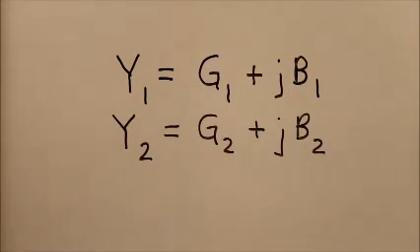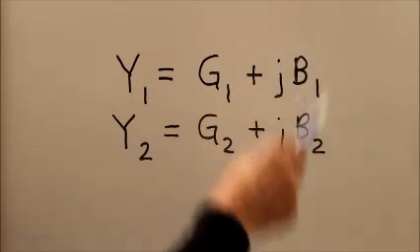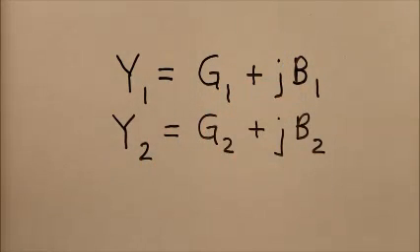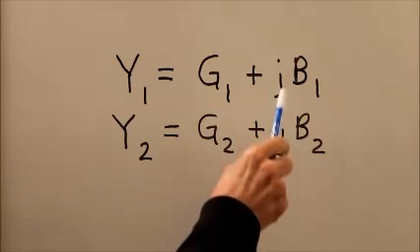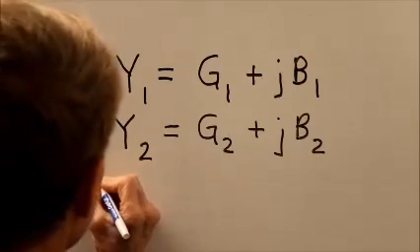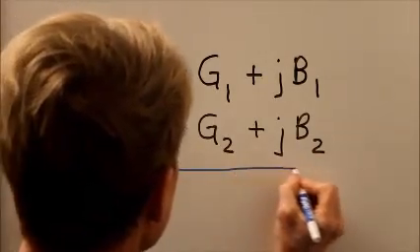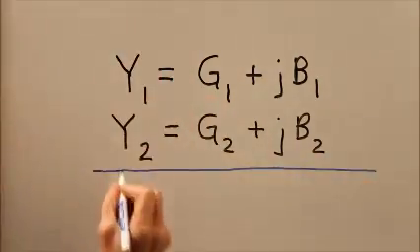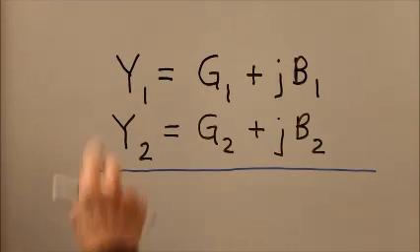We simply add the conductances, add the susceptances, and get the result that way. Remember that j is the positive square root of -1, the unit imaginary number. So we simply add admittances.